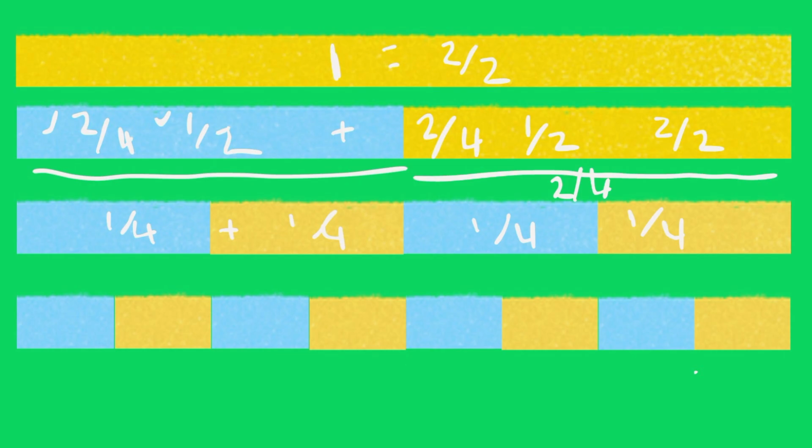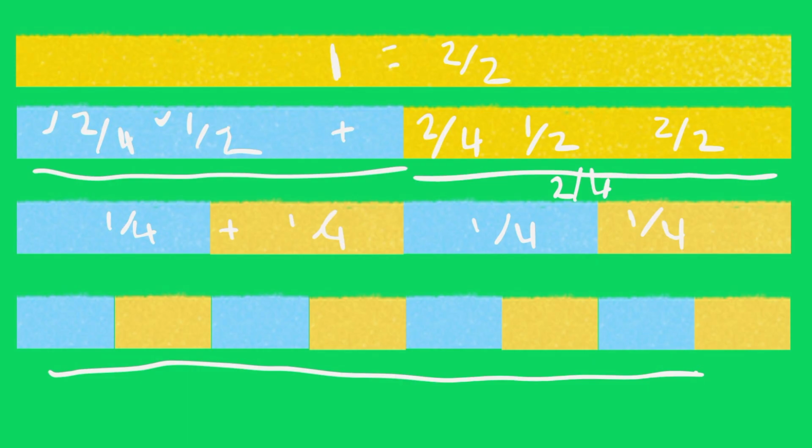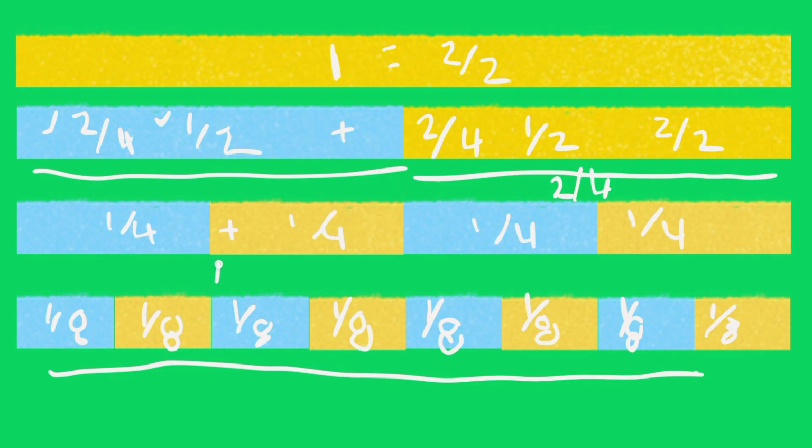Now let's go down here, and we've divided it into 8ths. So this is 1/8. This is an 8th. This is an 8th. This is an 8th. Okay, you got it. Now, let's go all the way up here, and notice that we have 1, 2, 3, 4/8.